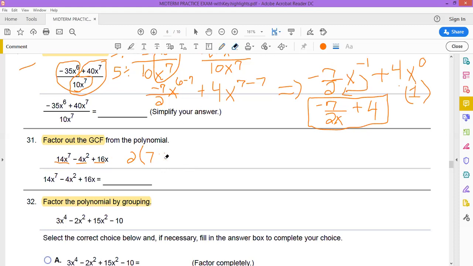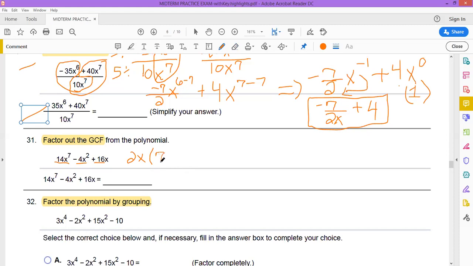Let me give us a little bit of space here. And let's go back to this. All right, so 2 can be divided evenly into 14x and 16, but there's also another term that each of these share, and that's x. Since each of these terms have at least one x, we can also factor out one of the x's. So not only 2 in my factor, I'm factoring x from each term. So what do I multiply 2x by to get 14x to the 7th?